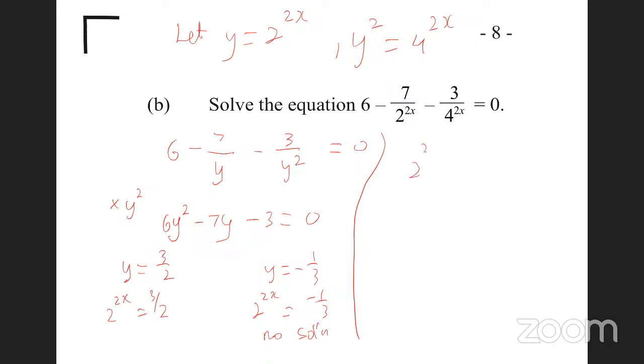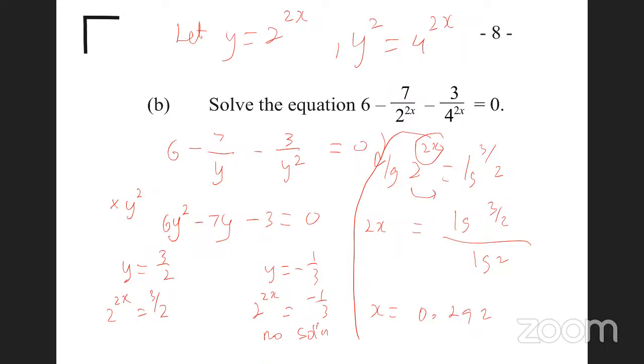Now you want to get 2 to the 2x is 3 on 2. Take logs on both sides. Take the 2x, bring it in front, and carry across log 2.